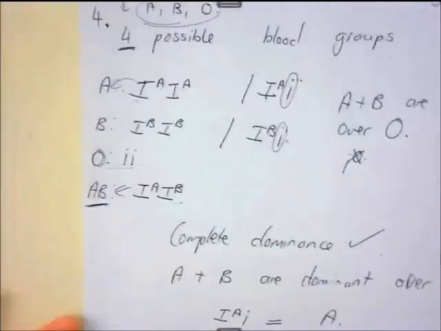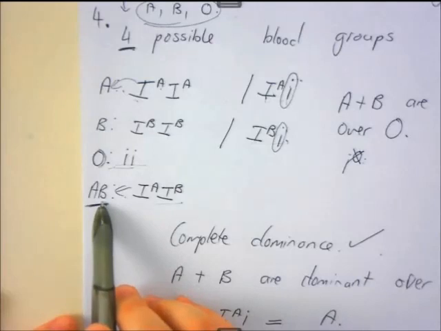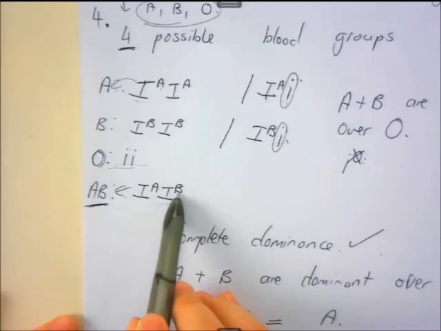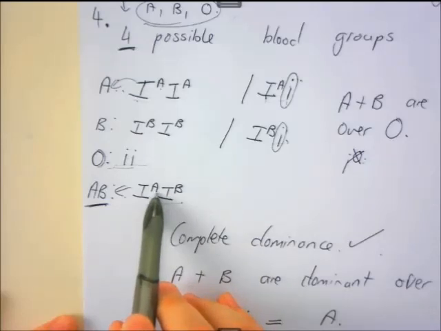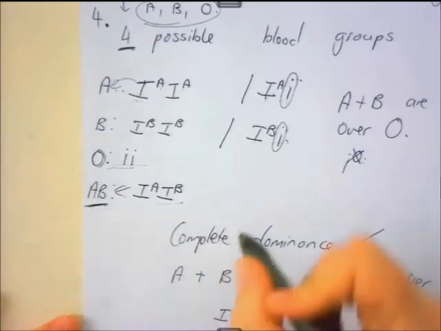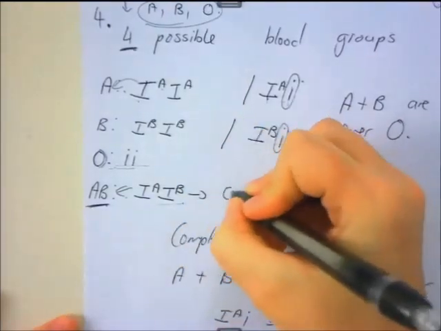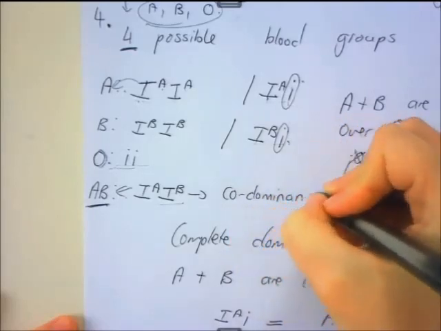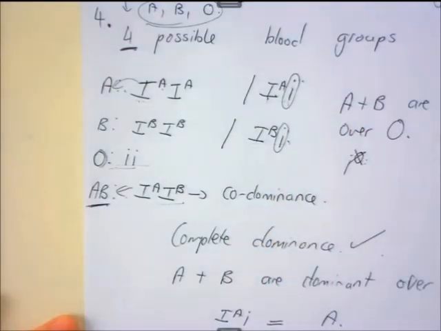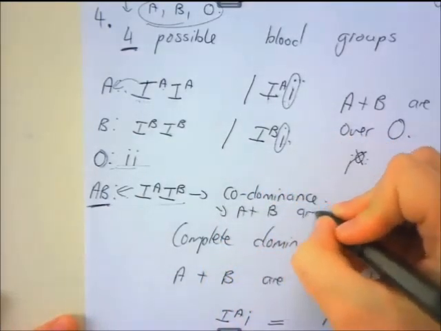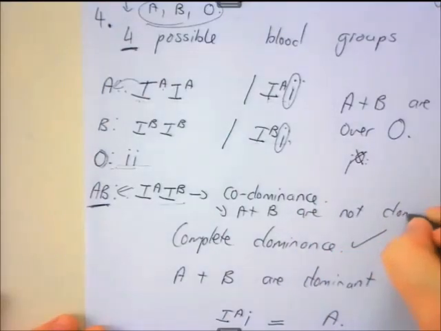But then if we come back and we have a look at blood type AB, blood type AB has one of each of the dominant genes, okay, one of the dominant alleles, and it codes for a separate phenotype. This is an example of codominance. Okay, codominance. And that means that A and B are not dominant over each other.